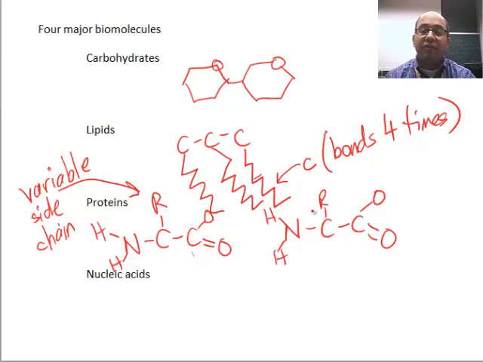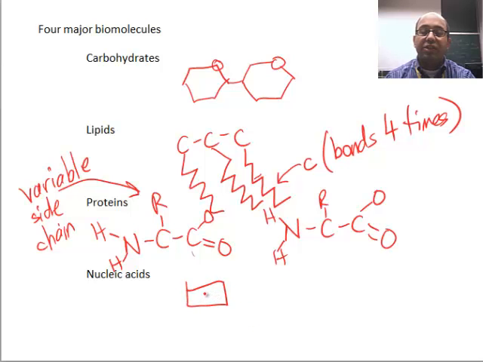So these individuals are called amino acids. When you put them together, they're called proteins, or polypeptides. Individually, they're called monomers, and as polymers, they're called polypeptides, or proteins.